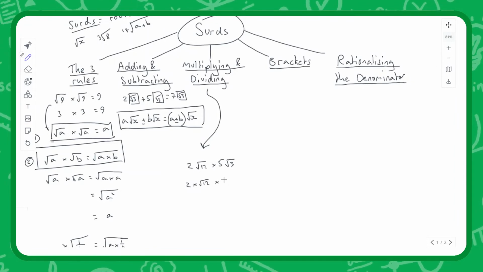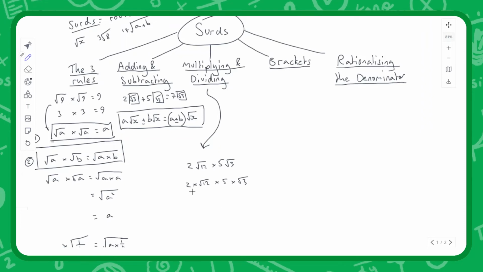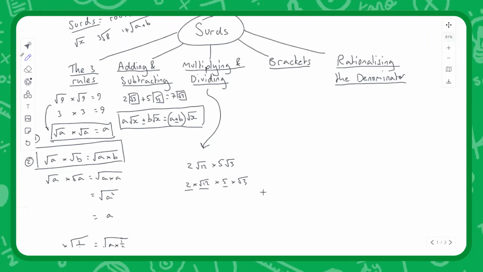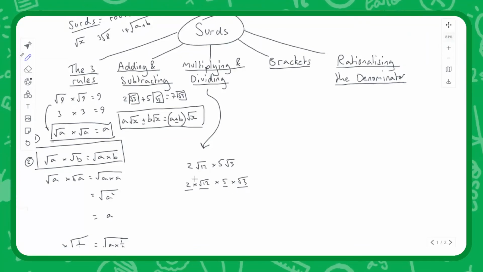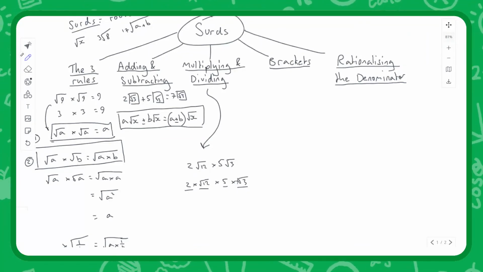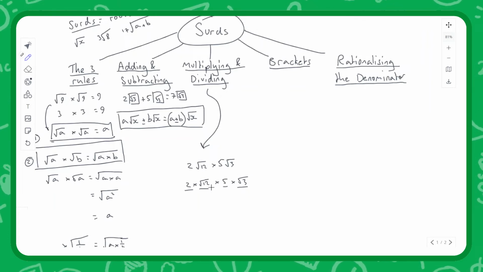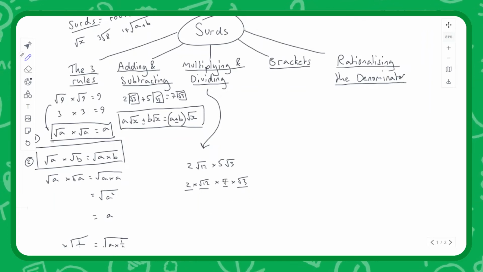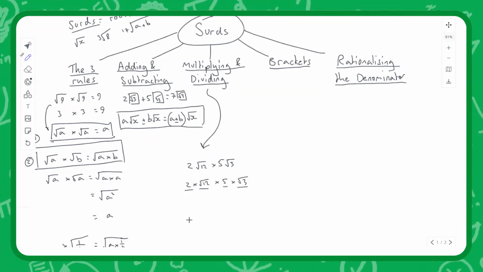And we're timesing this by 5 times root 3. All we've got here is 4 terms all timesing each other together in a long line. And when we've got this, it doesn't matter which way around we do this multiplication, right? I could flip this all, and I could go from the right to the left, or from the left to the right, or I could do 5 times root 12 times root 3 times 2. It doesn't matter what order we do things in.